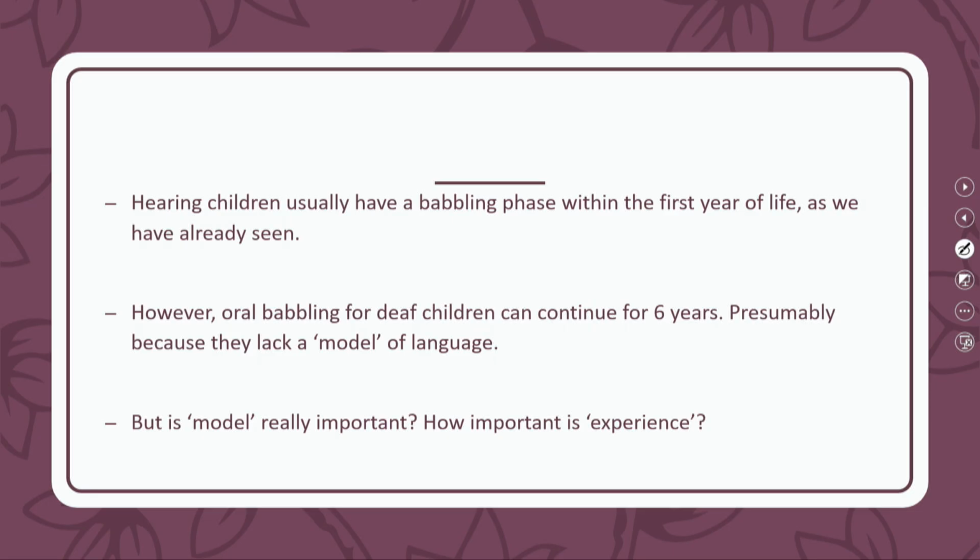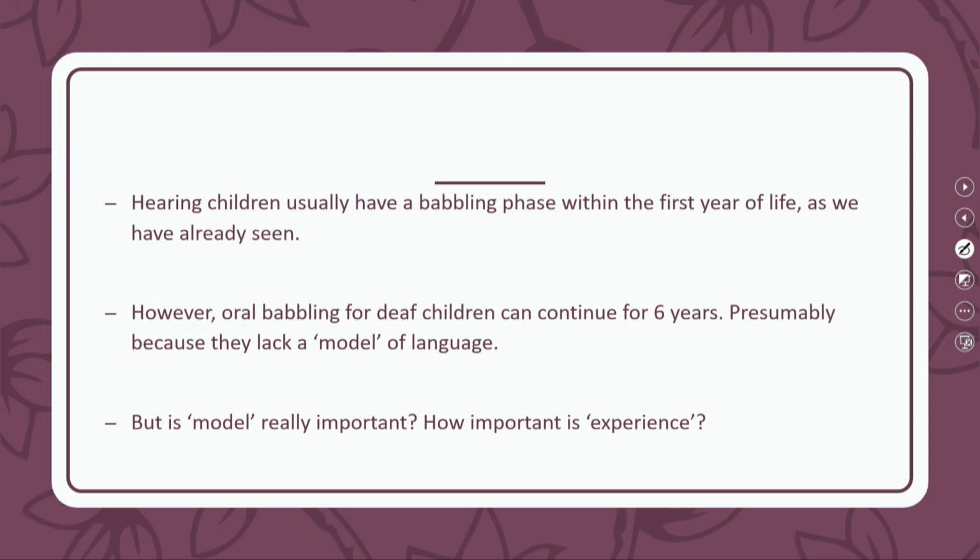In typically developing children, or let us say hearing children, they usually have a babbling phase in the first year of life. That we have already seen when we were tracing the stages of development. That is a very brief period in the first year of life. However, for deaf children, the oral babbling continues for a very long time, sometimes up to 6 years.